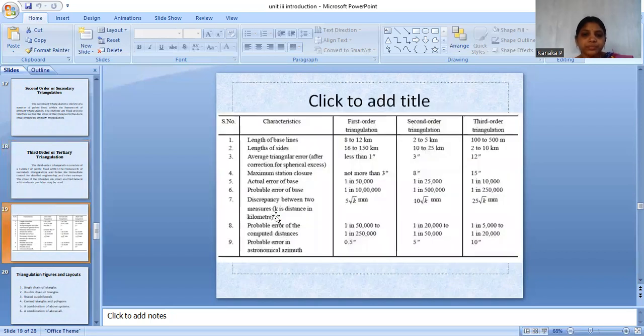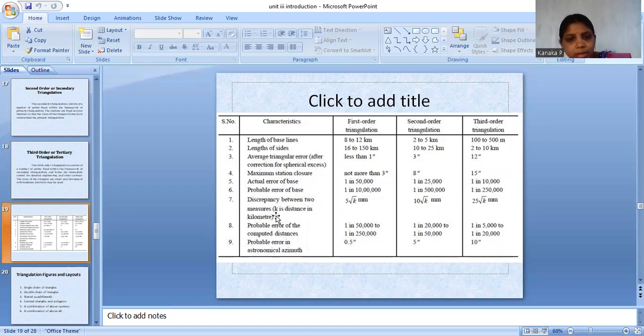So this is a table of the triangulation methods of specifications. Next is characteristics: first order triangulation, second order triangulation, third order triangulation.